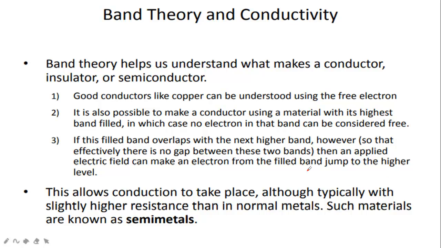Now, an important definition, semimetals. What are semimetals? These are not metals, these are not semiconductors. So, there are some electrons who can jump to the higher level, to the conduction band in some material, but they are not conducting electrons because there is some band gap in these types of materials.